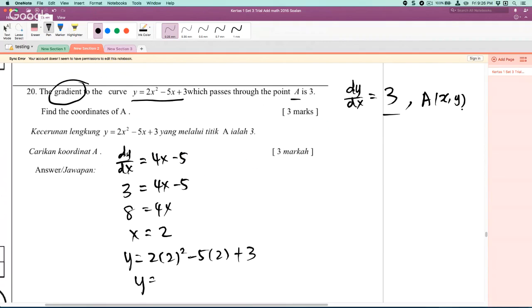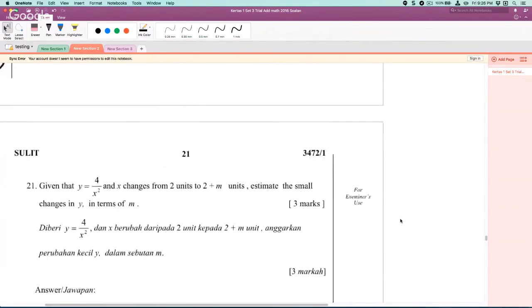So 4, 8 minus 10 is negative 2, plus 3 is 1. Therefore, my coordinate A is (2, 1). It's very simple. Just need to understand the gradient means dy/dx. That's all. All right, so let's move on to 21.